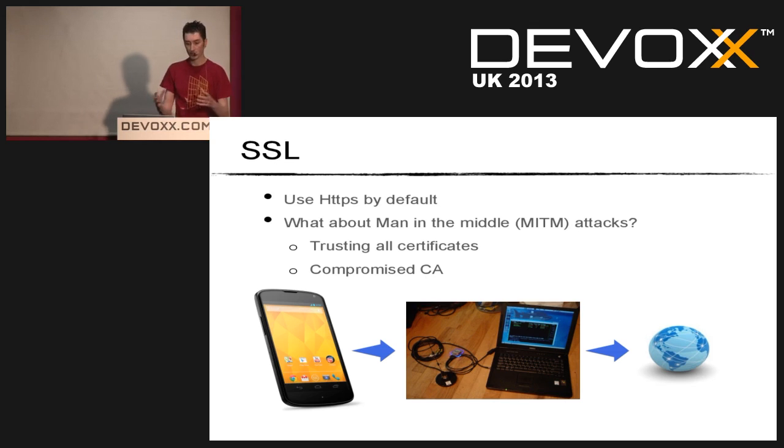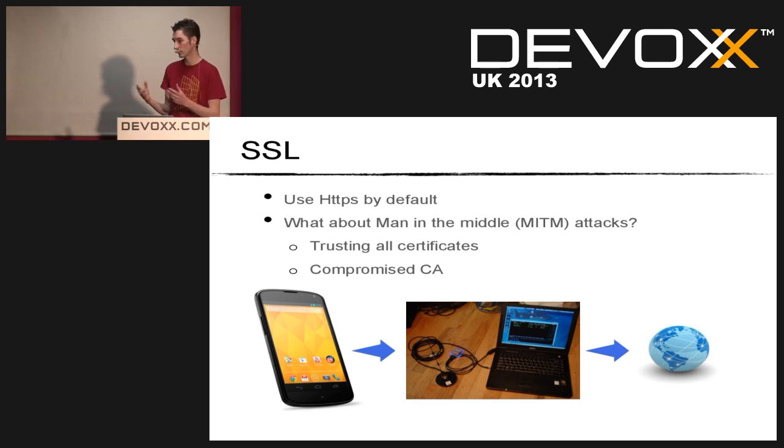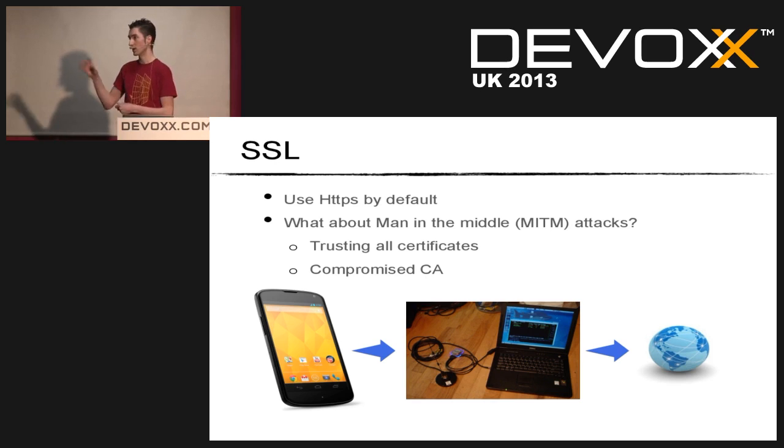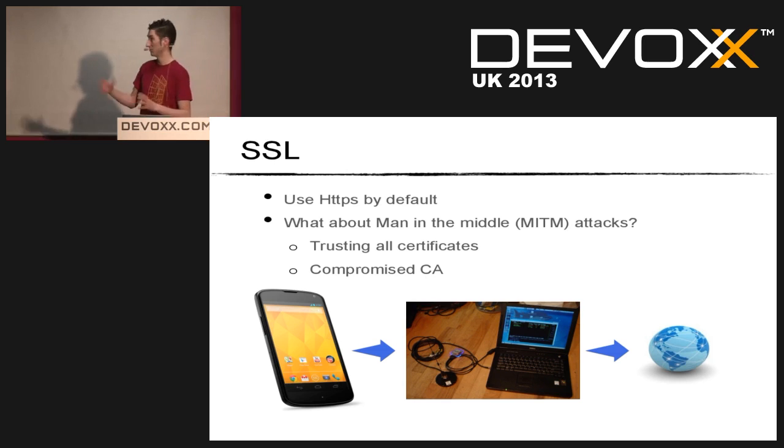I've seen code where people have, because on Android self-signed certificates aren't really supported out of the box, Googled that or put it into Stack Overflow, and you'll get a nice, highly rated post of how to implement it. What it basically does is say, create a trust manager and trust everything. And when there's an exception, forget about it, don't worry about it. Which is great when you're developing, but when that code makes its way into live, it means anyone can intercept in the middle and read all your nicely encrypted data.